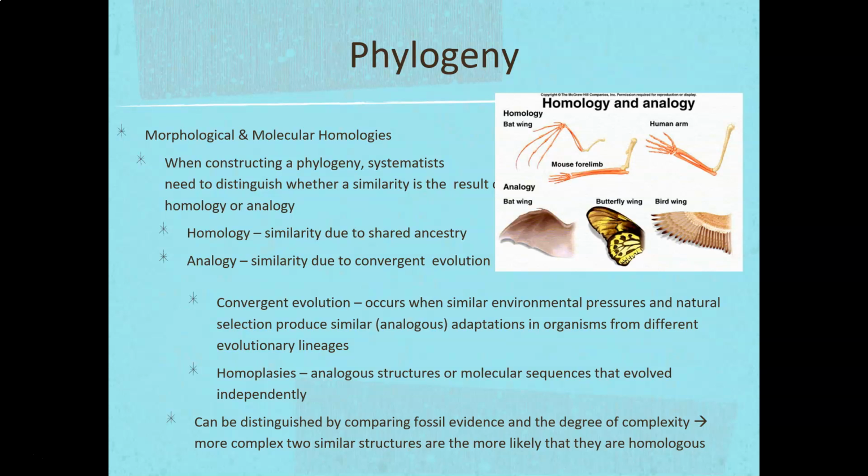So we've got to be careful when using physical characteristics. Are they truly a result of divergent evolution, in which case we share common ancestry, or a result of convergent evolutionary events, where these organisms come together on similar structures by chance because they happen to fit a similar role in their environment?